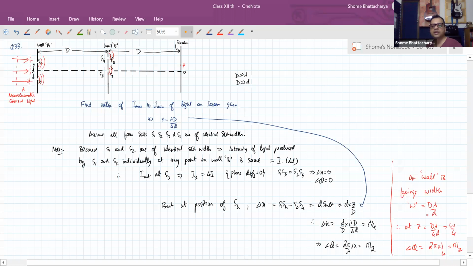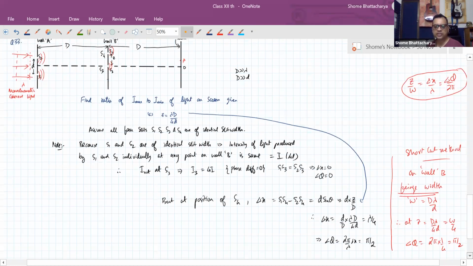So we would have come to this step directly. This is the shortcut method. So all this lengthy calculation was unnecessary. So we understand that on the screen at any point z divided by fringe width is the same thing as path difference divided by lambda, which is the same thing as phase difference divided by 2 pi. So we could have used this shortcut relation. Anyway, we are getting the phase difference as pi by 2.